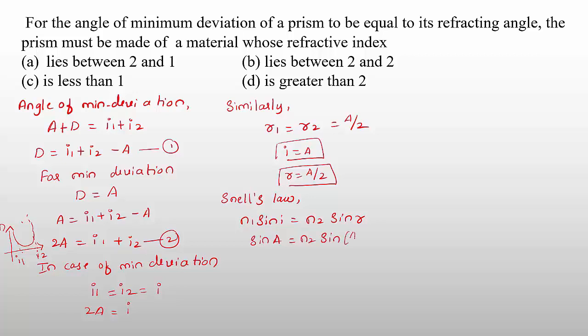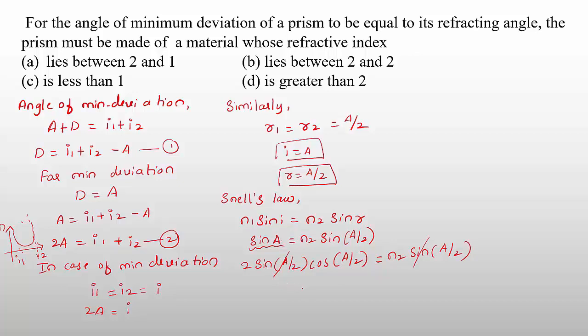In place of r, we can write A by 2. Then sin A can be written using trigonometric identities: 2 sin(A/2) cos(A/2) equals n2 sin(A/2). So here sin(A/2) will get cancelled.